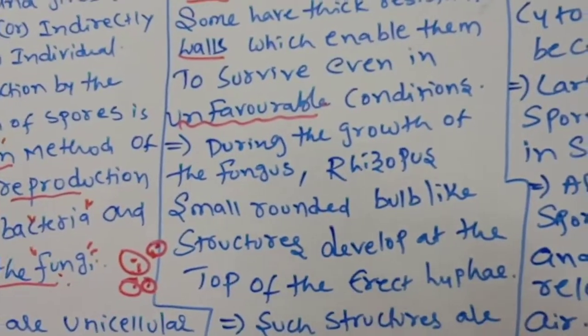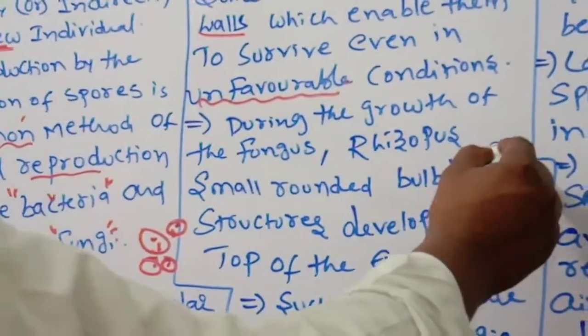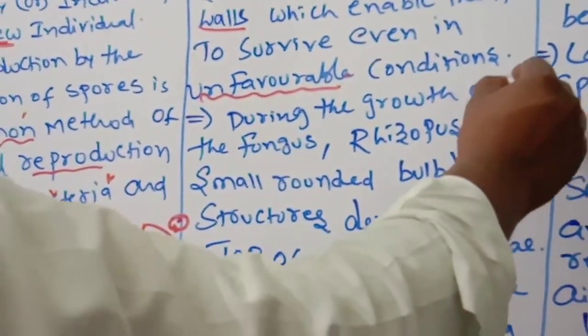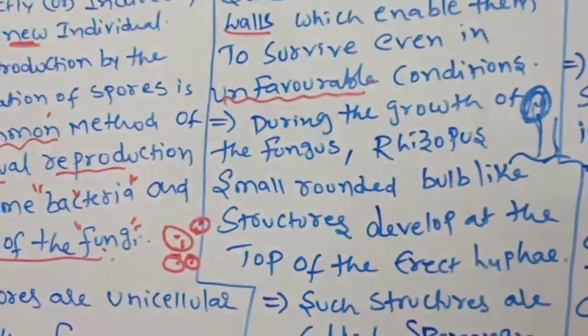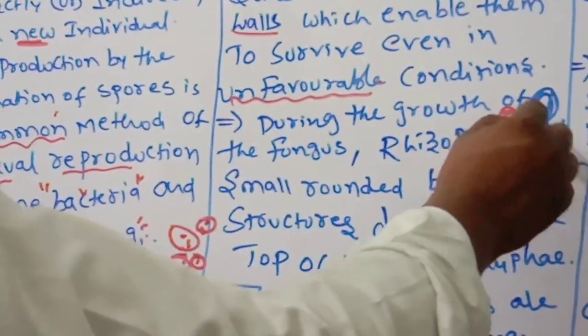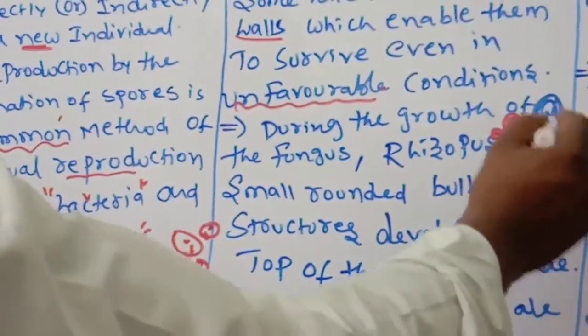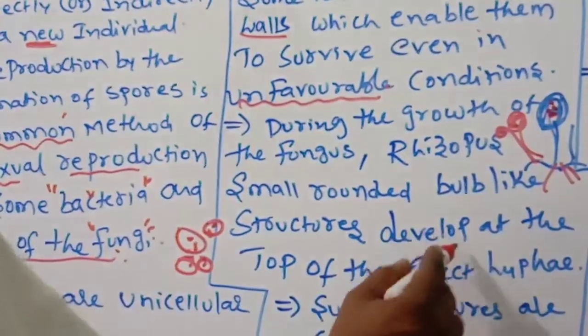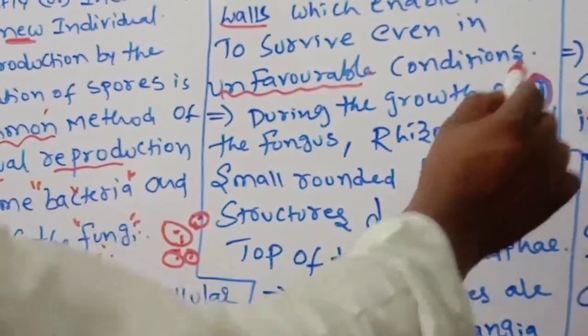So, during the growth of the Rhizopus fungus, small rounded bulb-like structures develop at the top of the erect hyphae. This is the hypha, this is a bulb-like structure.